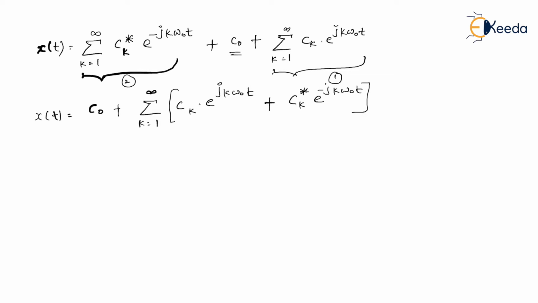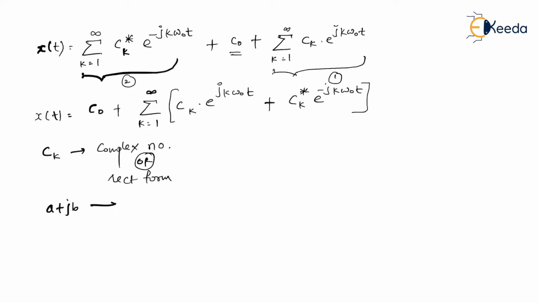I'm clubbing these together. Is that right? So you know that when I say ck is a complex number, or it is also called a rectangular form, then you know very well you can express it in terms of a polar form. Let me remind you what we have done so far.